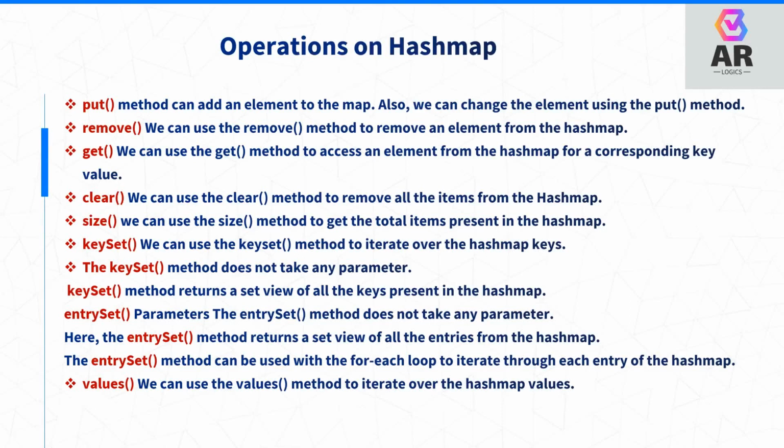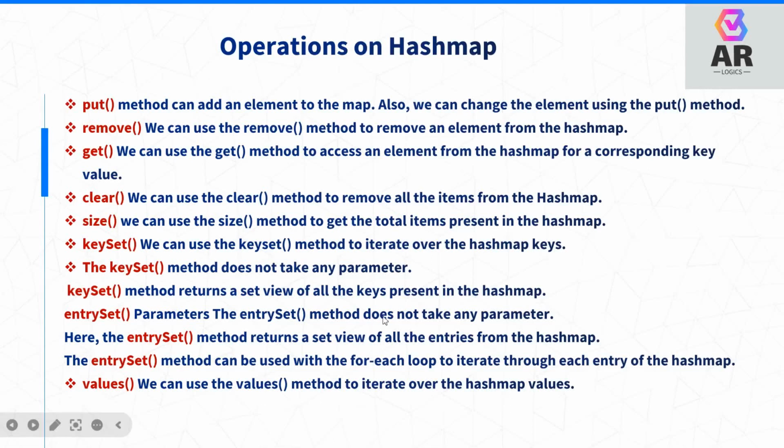The first one is put. Using the put, I already completed put. The put method can add an element to the map. Also you can change the element using the put. Method can add and change the element.